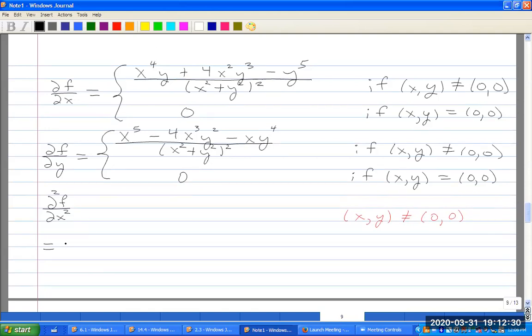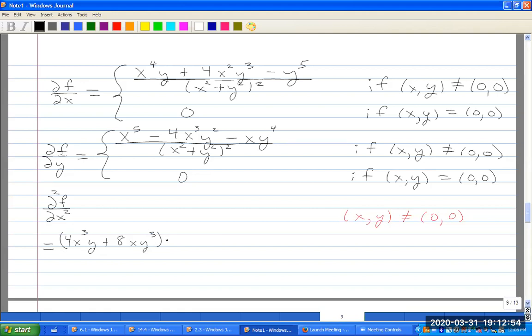Okay, so the derivative of the numerator, 4x cubed y plus 8xy cubed. Oh, then that's 0.